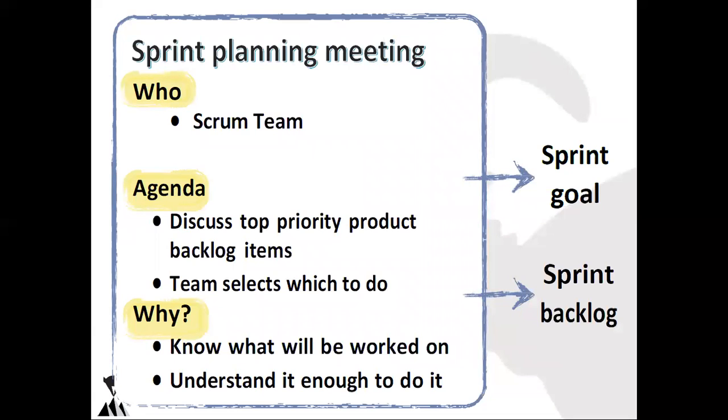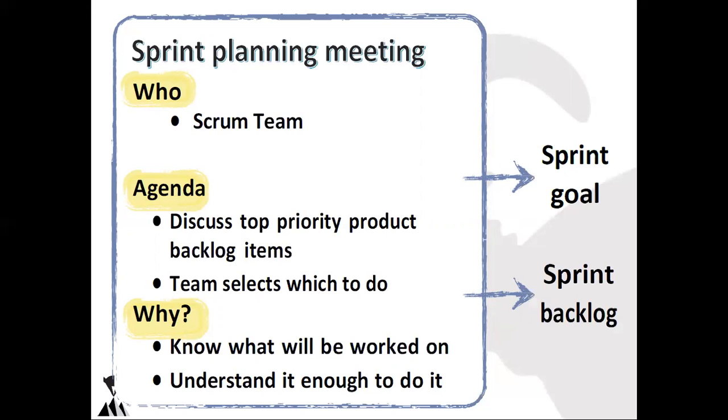Scrum team means all 3 accountabilities: Scrum Master, Product Owner, and developers will be the attendees of this sprint planning meeting. Agenda: discuss top priority product backlog items and the team selects which to do. Why do we do it? To know what will be worked on and understand it enough to do it.